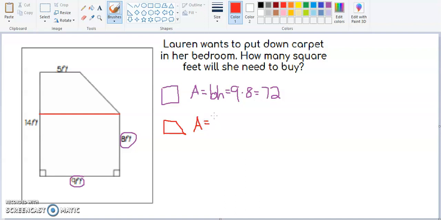Area of a trapezoid equals 1/2 times base 1 plus base 2 times height. Okay? So right here is going to be base 1.